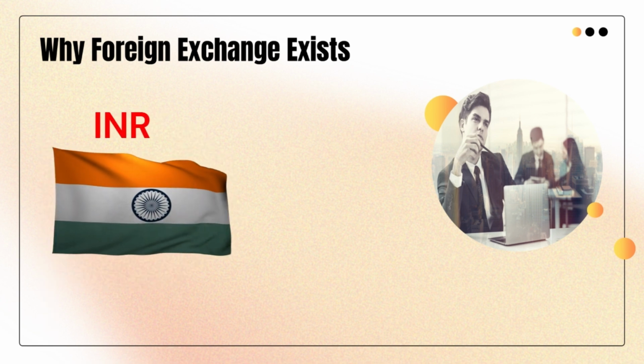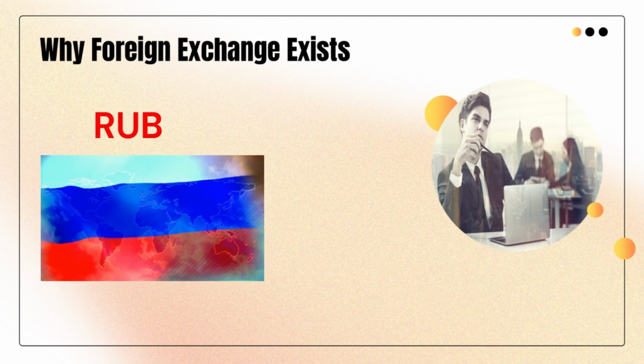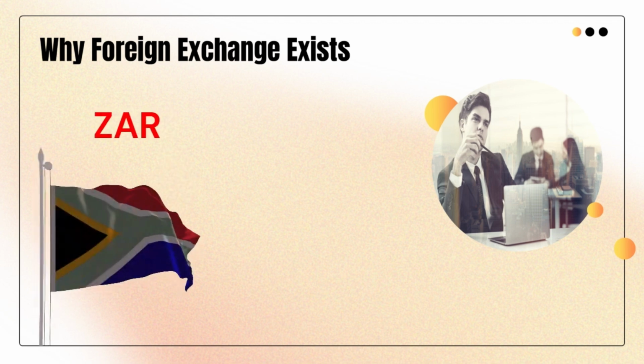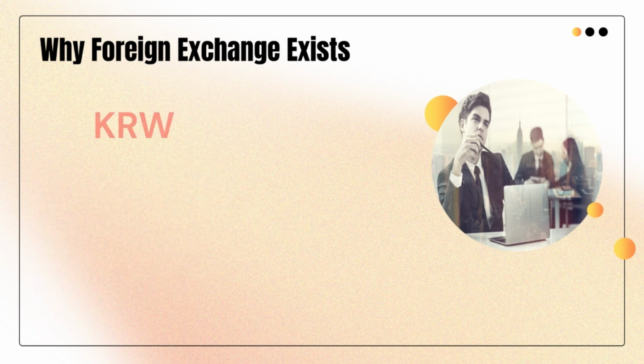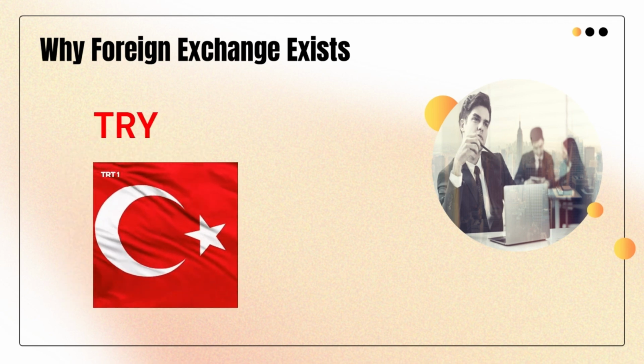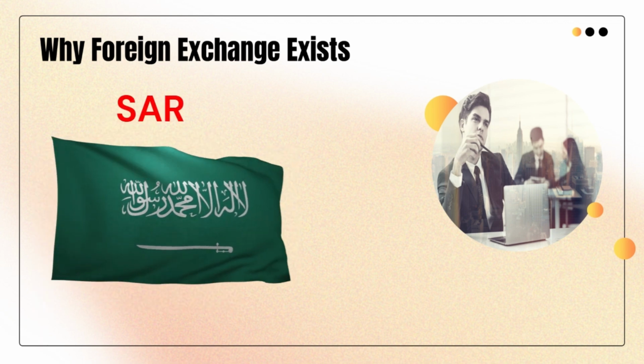INR for Indian rupee. BRL for Brazilian real. RUB for Russian ruble. MXN for Mexican peso. ZAR for South African rand. KRW for South Korean won. IDR for Indonesian rupiah. TRY for Turkish lira. ARS for Argentine peso. SAR for Saudi riyal.